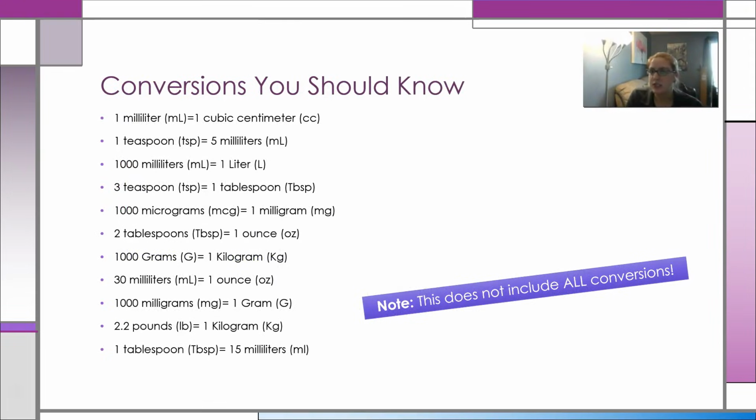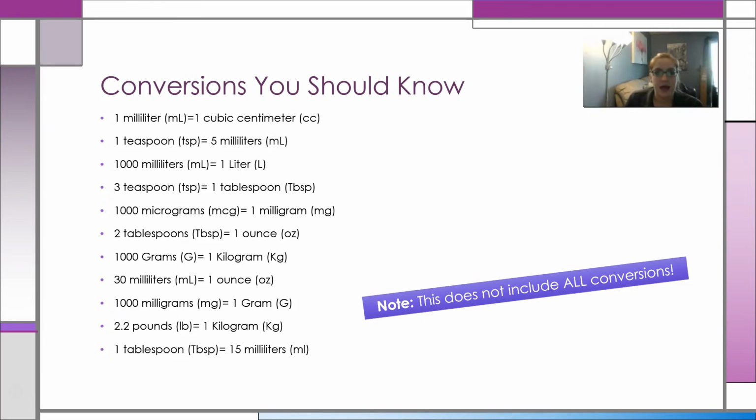So, conversions you should know. These are just some of the conversions I wanted you to go through and understand. These are not all the conversions you need to know. Make sure you're talking to your instructor about any other conversions you might need to know. I think we have all of the conversions we need for today's lesson though.